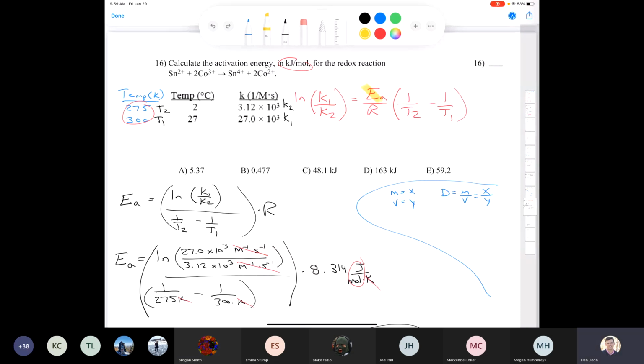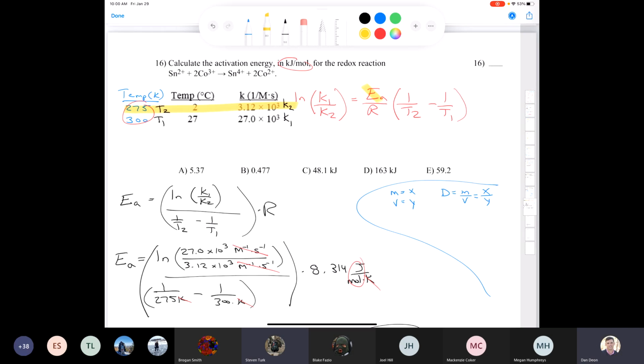All right. So K1 and K2 don't have to correspond to T1 and T2? Like if you switch one, do you have to switch the other? Whoa. Absolutely, they have to correspond, right? You can't compare apples and oranges. You can't swap temperatures and rate constants from two reactions, right? I can't say, well, I'll swap these, but I'm not going to change these. No. I mean, they have to be in the same order, though.